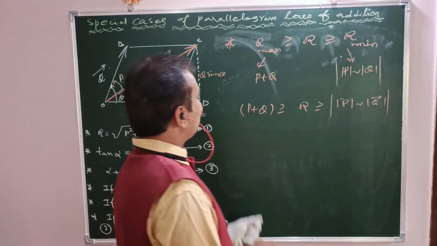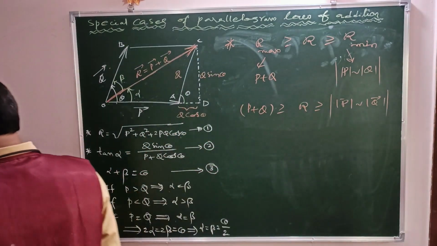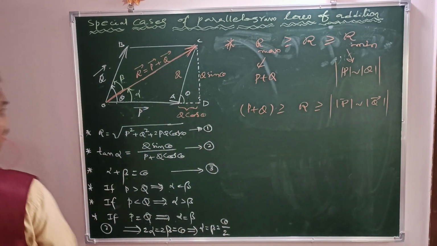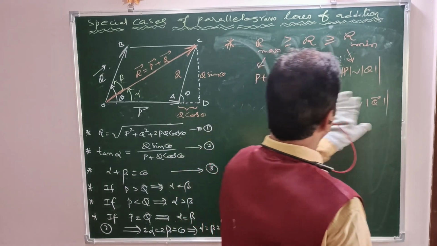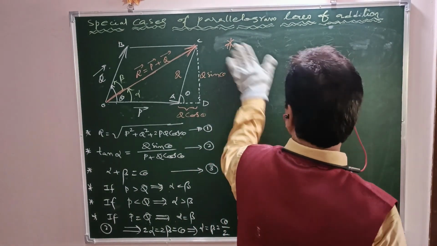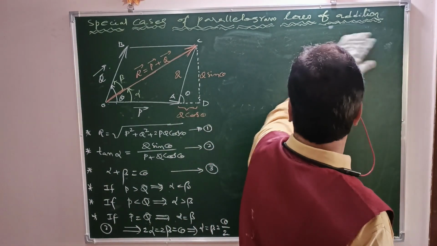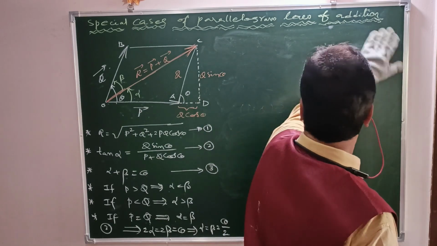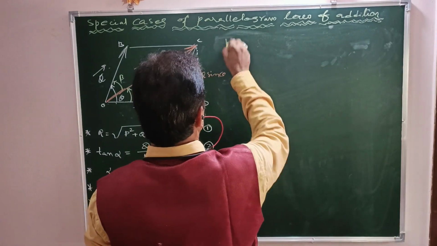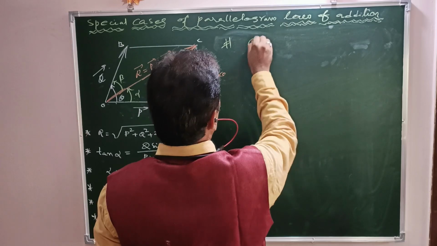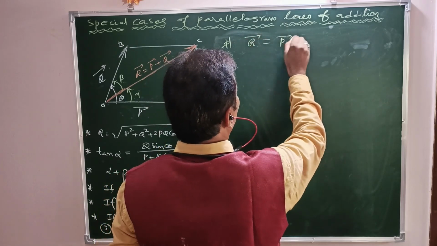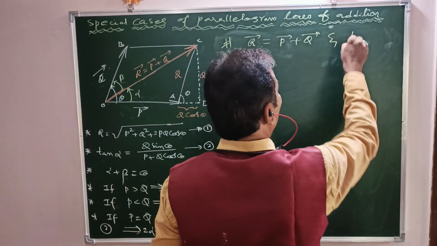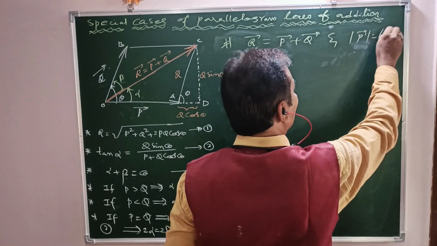Right? Now coming to the next point. Suppose R bar equal to P bar plus Q bar and mod P bar equal to mod Q bar.